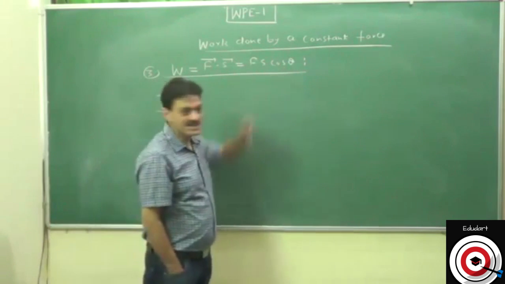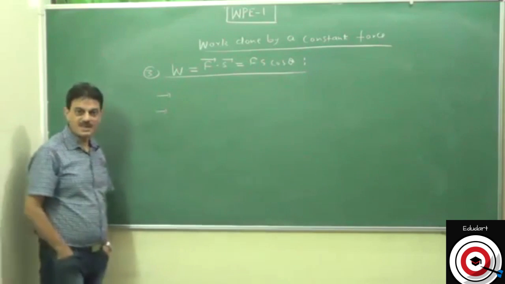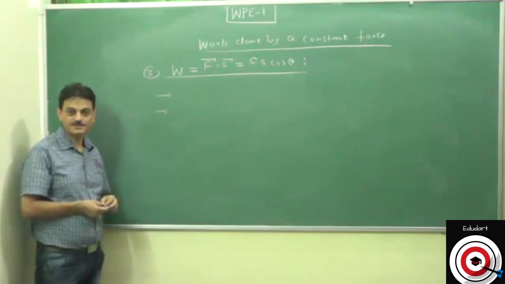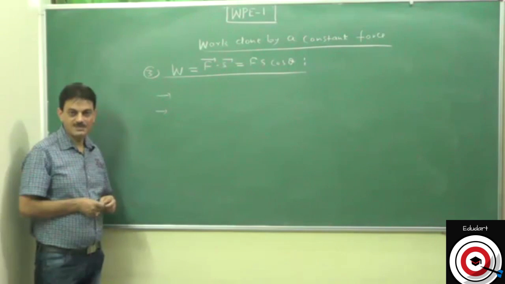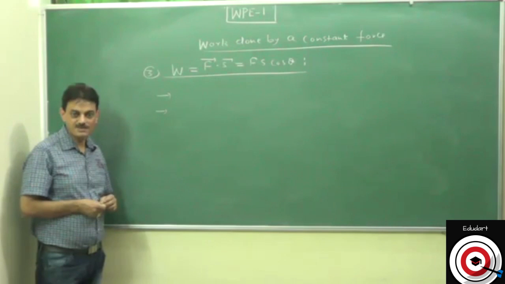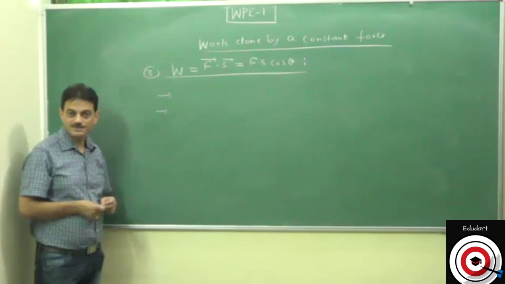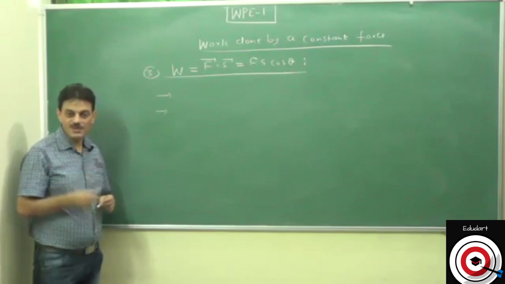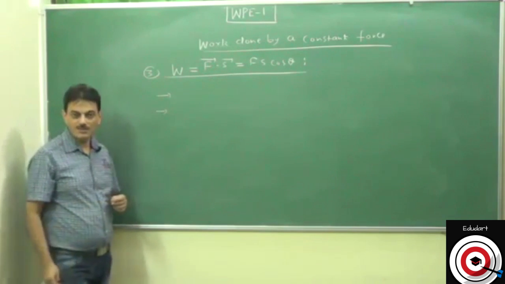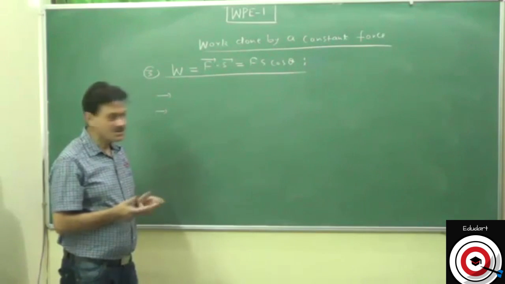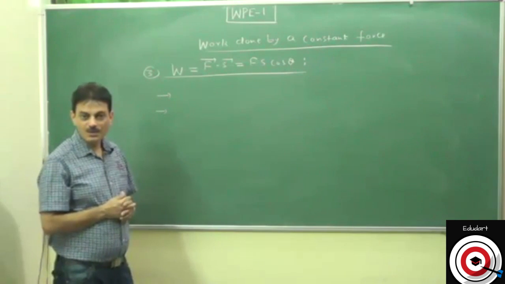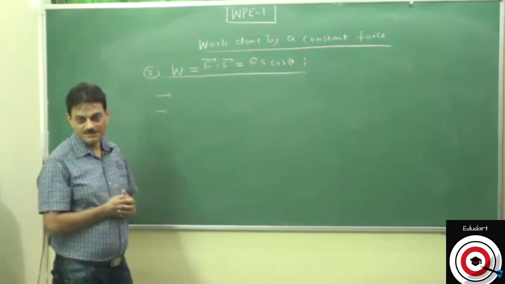If theta is acute, cos theta is positive, so work done is positive. If theta is obtuse, cos theta is negative, so work done is negative.